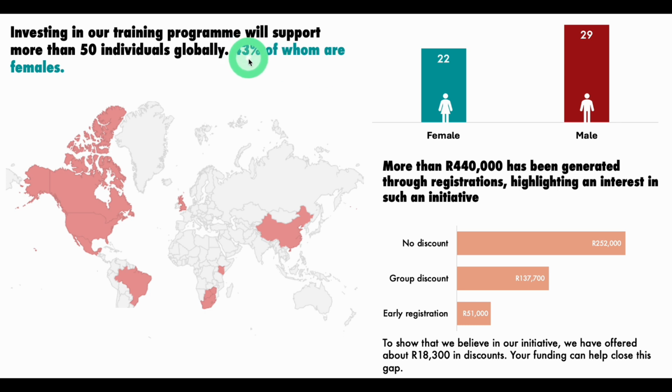The eyes will rove about looking for the green, and they'll find it here and realize that these people are talking about females. And it's always important to include that, because most funders want to know that they are supporting females. There are not a lot of initiatives out there trying to support females.